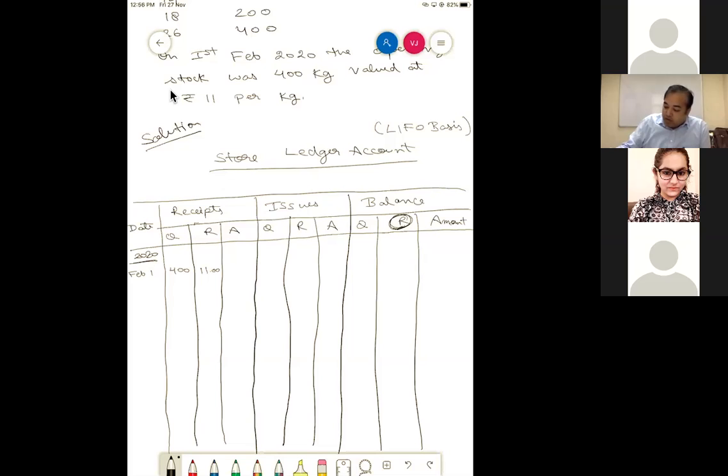So amount would be 4,400. You can sit with calculator so that you can do it fast, but you can do it manually also. That would be a very good idea, because questions are not very calculative. So our balance would be 400, rate would be 11, and this is your opening balance.